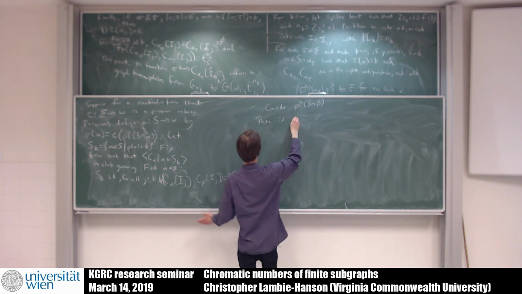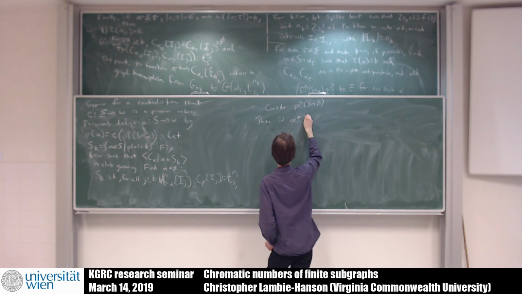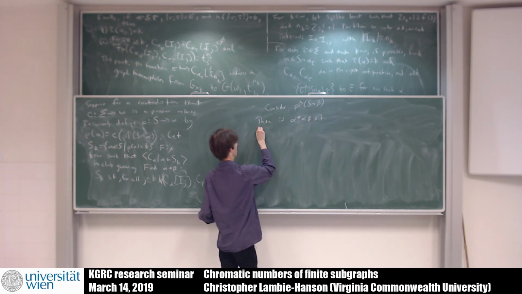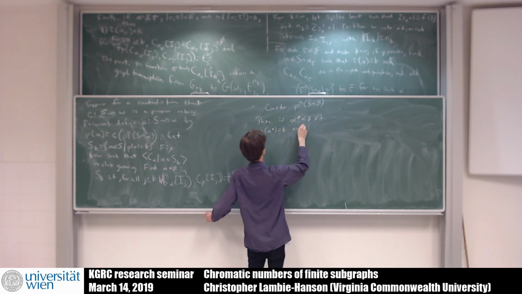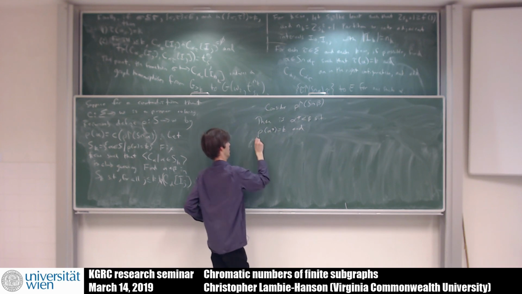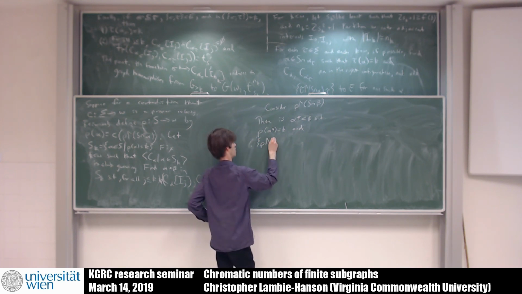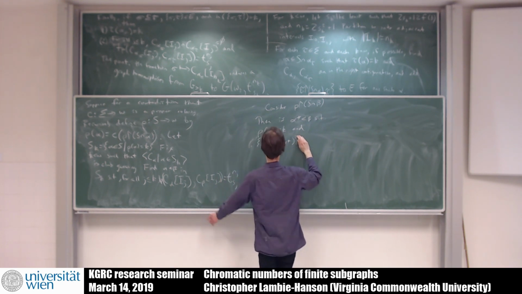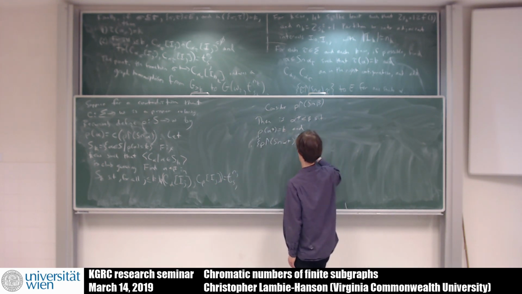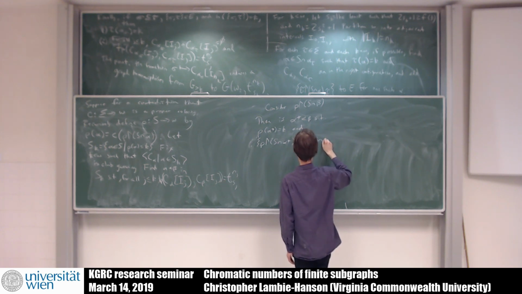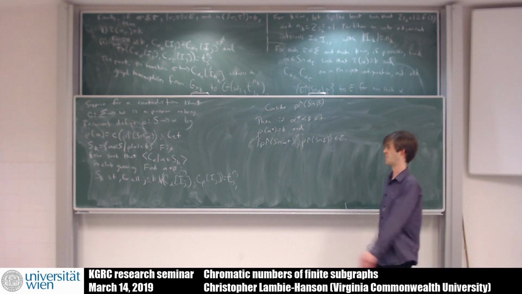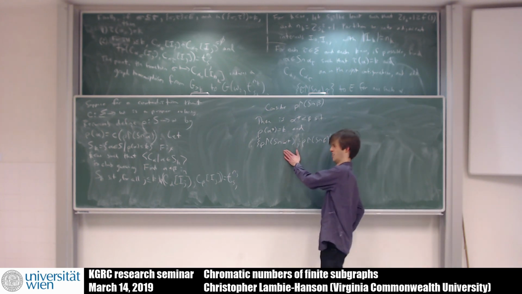It might not have been this alpha, but there's some alpha star less than beta such that rho of alpha star is k, and rho restricted to S intersect alpha star, comma, rho restricted to S intersect beta is an edge. But now look at what C assigns to each of these.